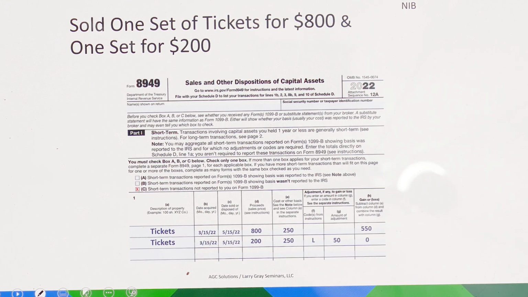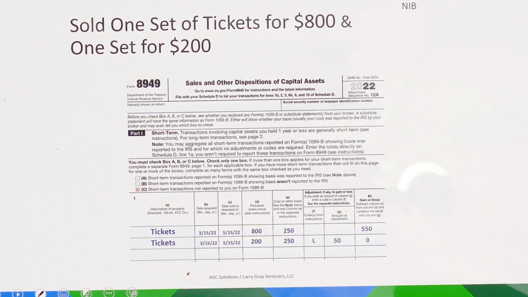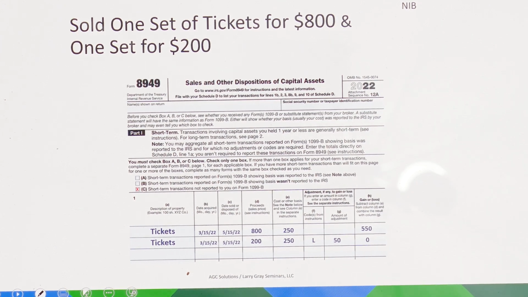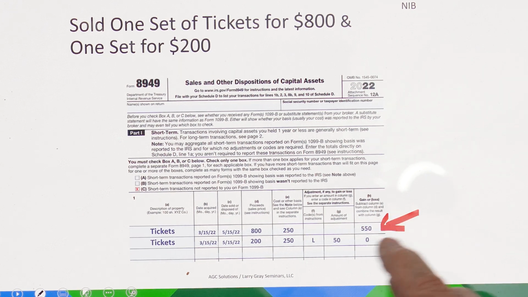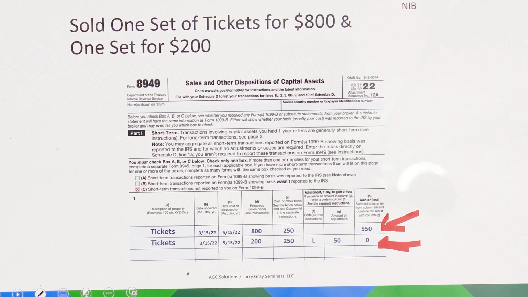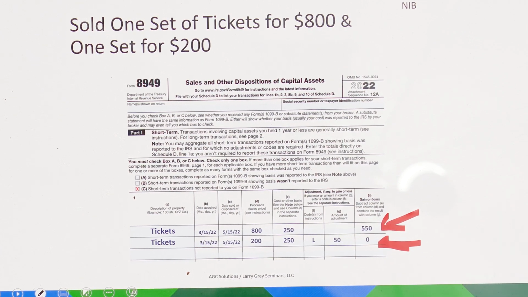Keep it simple. Well, yes, we can. If we have gains and losses, in each one of these cases we can show that here was the one for a gain, and here's the one for a loss. But notice, the loss is over in the adjustment amount.